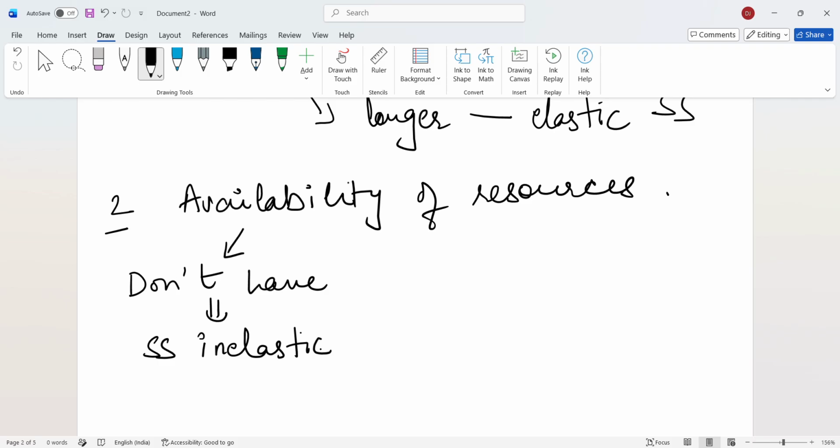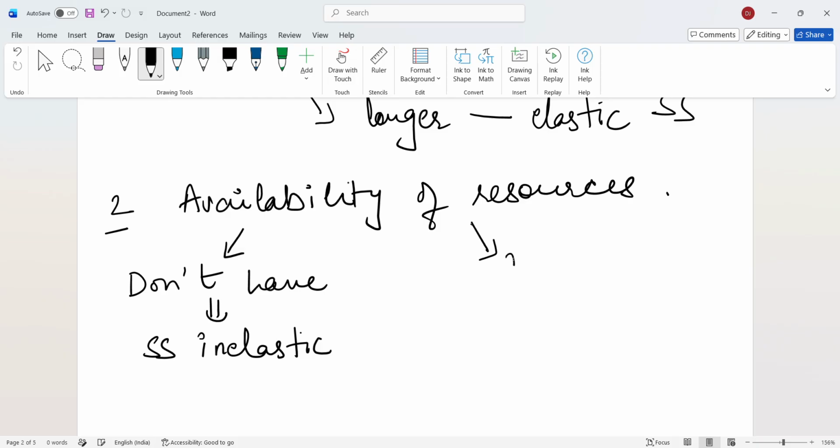If you have a limited amount of resources, you can only supply the production that can happen with those resources, so your supply remains inelastic. Even if the demand is higher, you are restricted to supplying only that much because you have only those available resources.